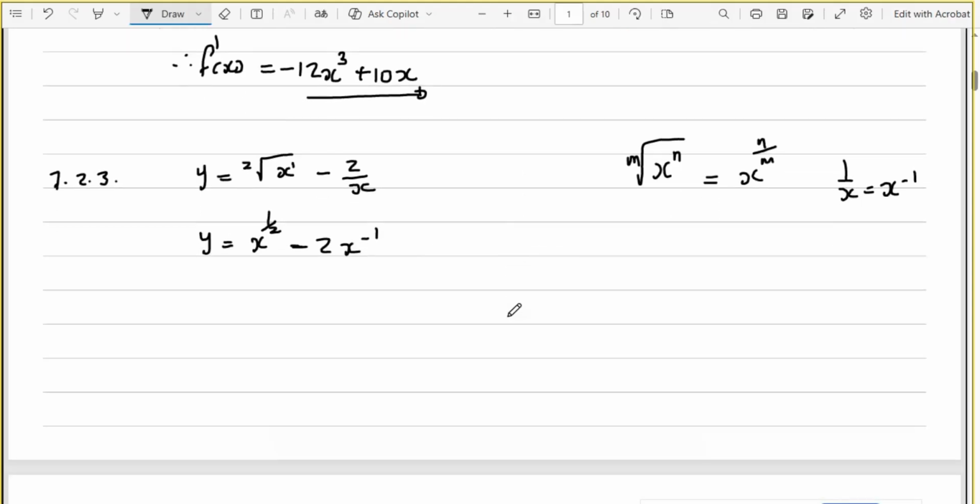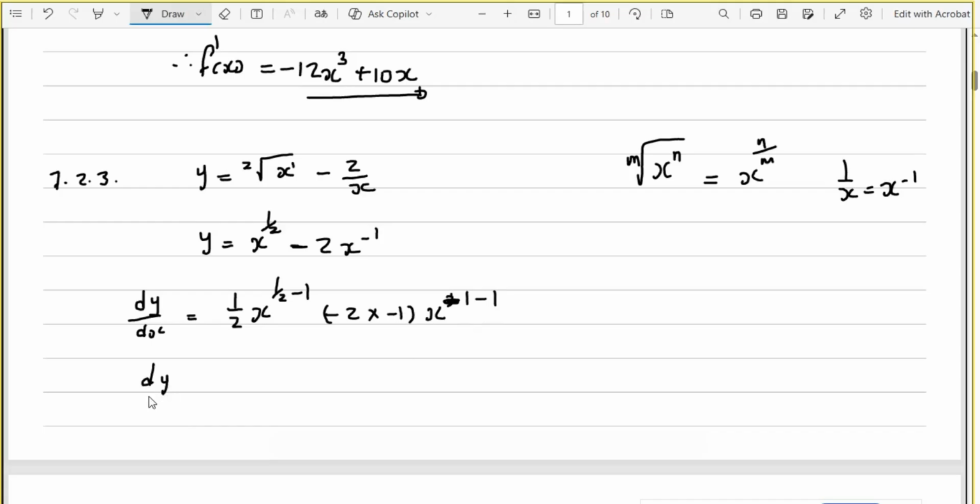Yes. Now you can differentiate. So we can find the dy over dx. So when we differentiate, the 1 over 2 comes in front, then x to the power, that 1 over 2 subtract 1, minus 2, which will be multiplied by minus 1, and then we're going to say x to the power minus 1 minus 1.